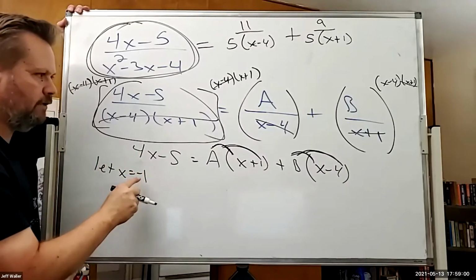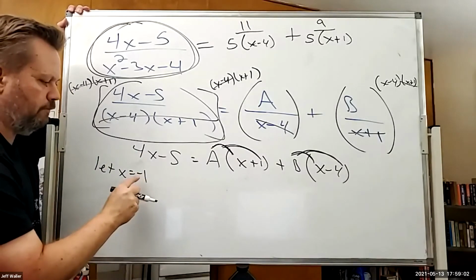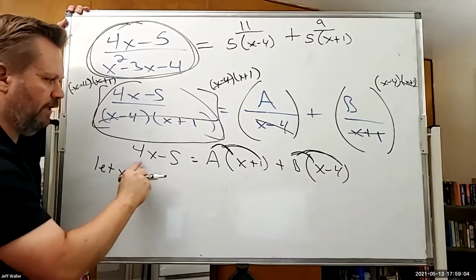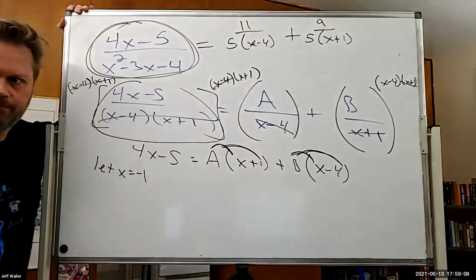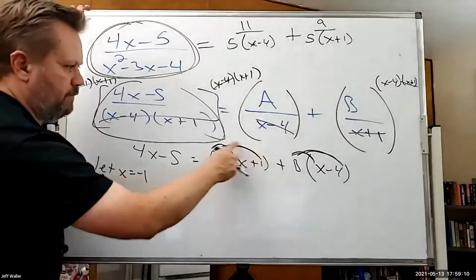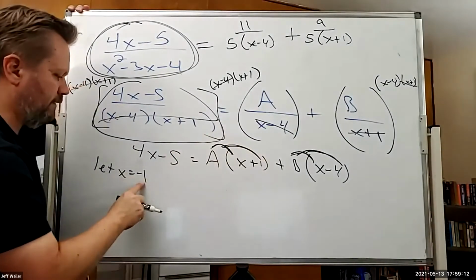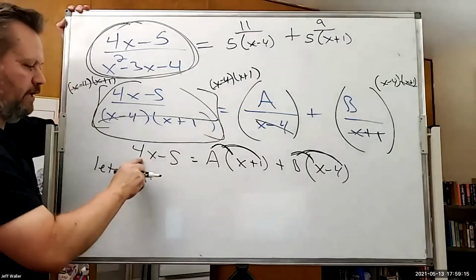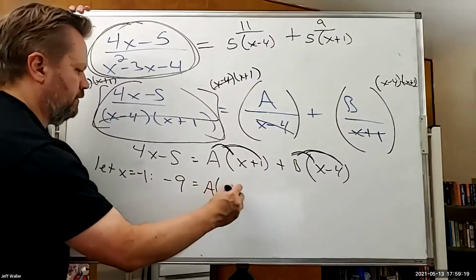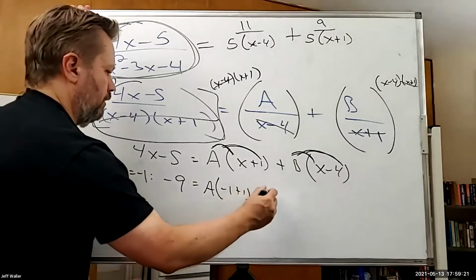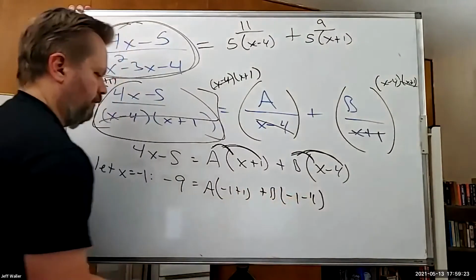Why is that interesting to pick that value? If I let x equal -1, what happens to this piece? 0. This piece becomes 0. Does everybody see that? So if x is -1, I get -4 minus 5, I get -9 equals A times 0 plus B times -5.